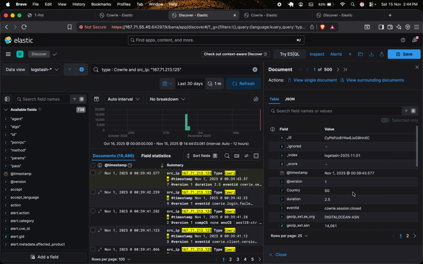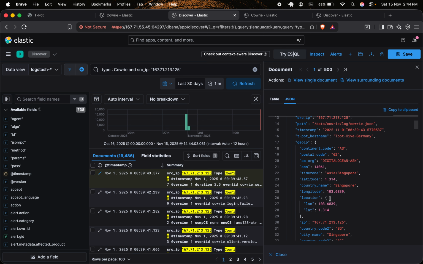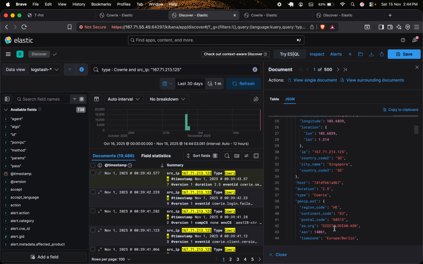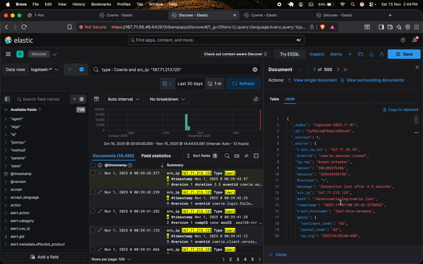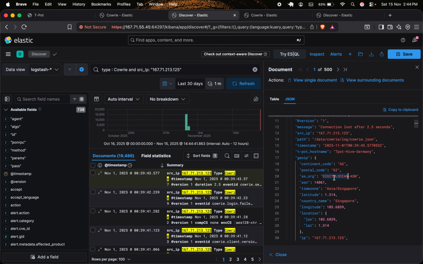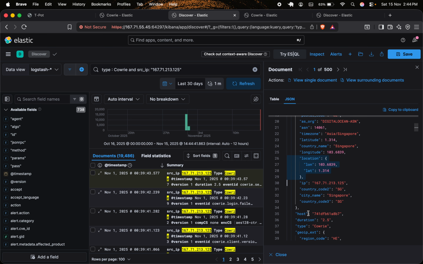If we go through his JSON, we will see it's coming from, yeah, it's using the DigitalOcean autonomous system to attack my system. This is the first detail. Secondly, this is DigitalOcean, and it operates from Singapore, Asia region. So the attack country from where he operates is Singapore. It's the location of the virtual machine.